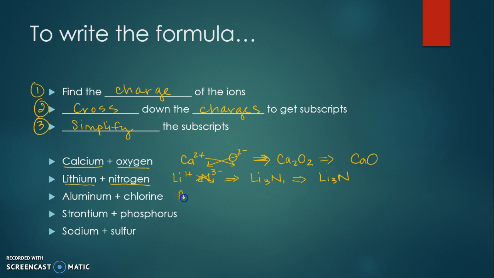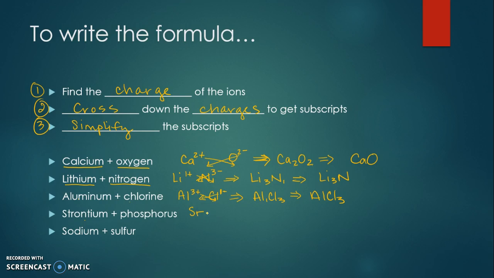Aluminum, Al, is in the boron group, so it has a charge of +3. And then chlorine is a halogen. All the halogens have a charge of -1. Cross those down, and you end up with Al1Cl3, and we're going to drop that 1, so we end up with AlCl3. Now, strontium and phosphorus.